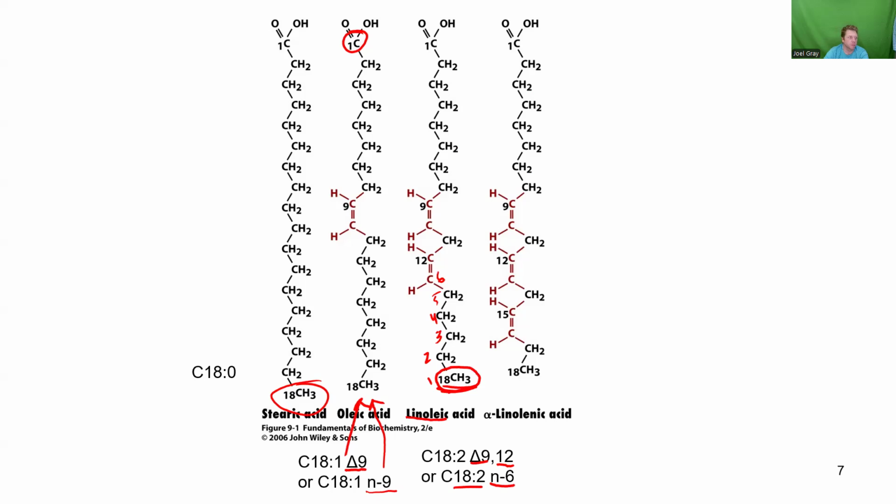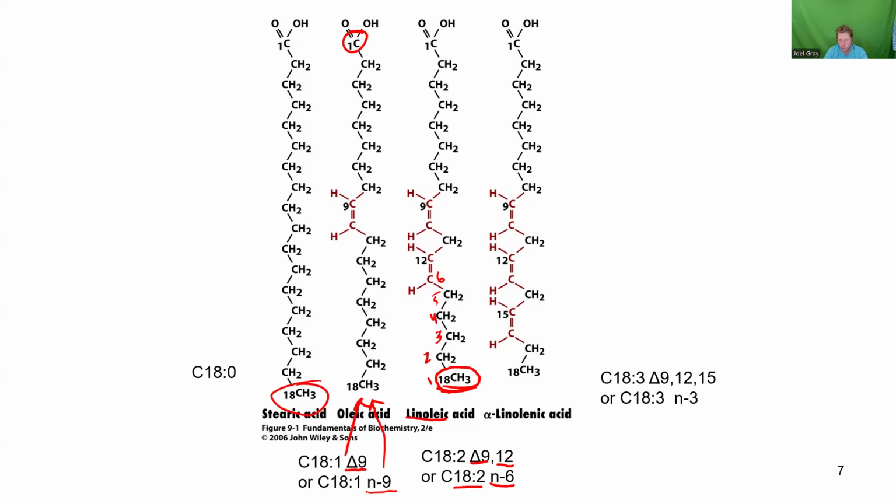That's where we put our first double bond. What's important knowledge to have to understand the omega numbering scheme is that you have to know the sequence of the double bonds, that there is a double, single, single, double pattern of those double bonds.